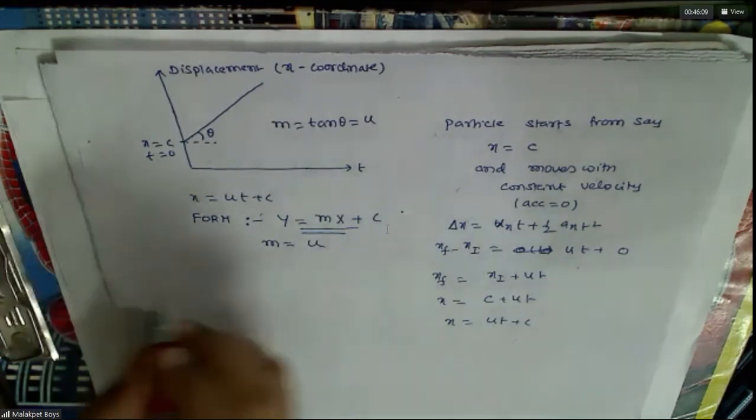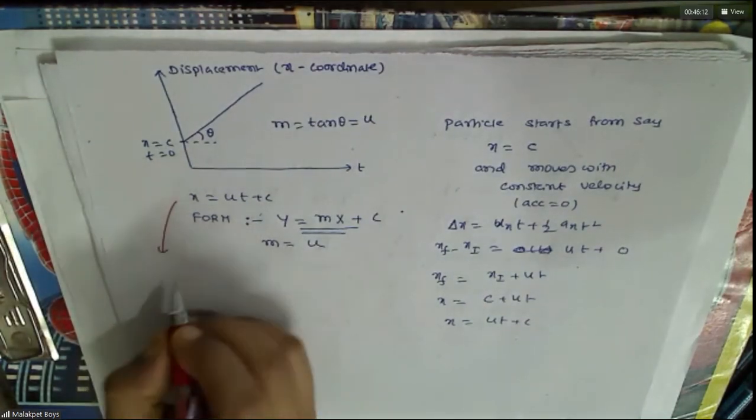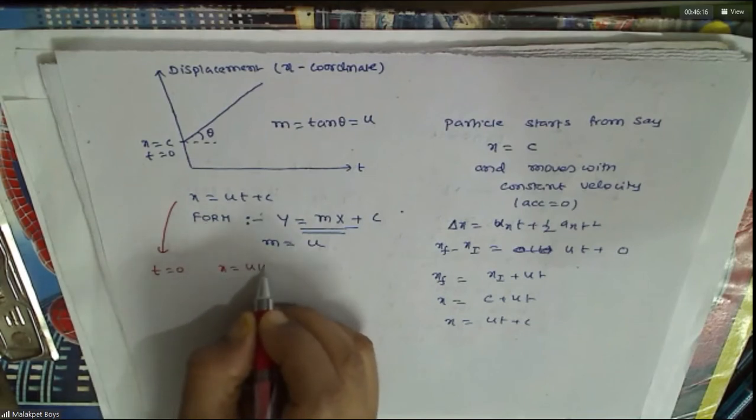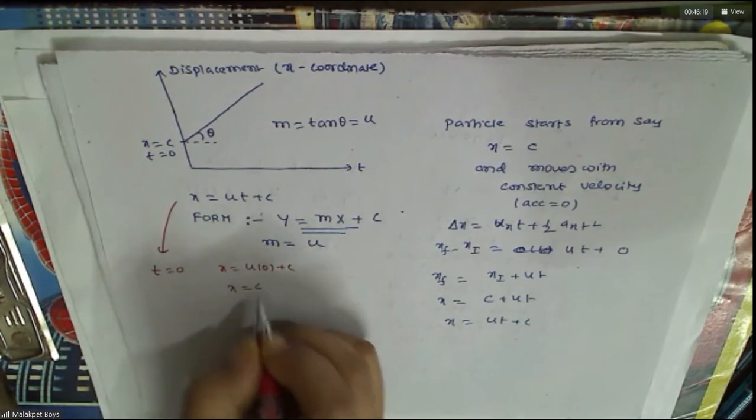If you want, you can plot it like this. If t equals 0, x is equal to c. You got one point.